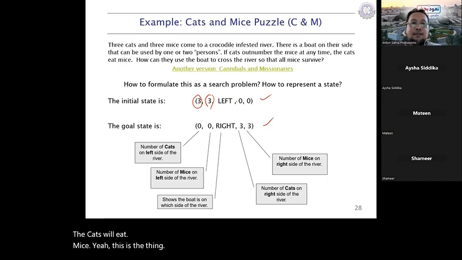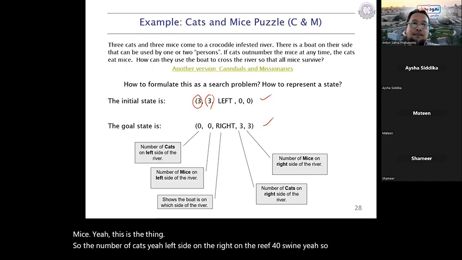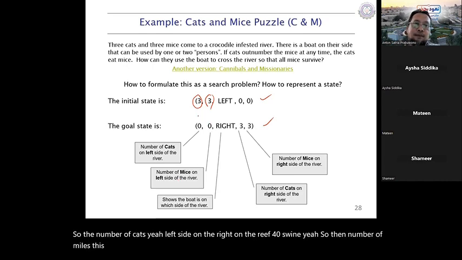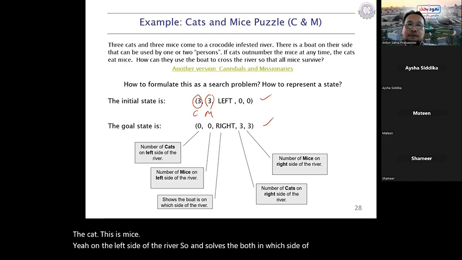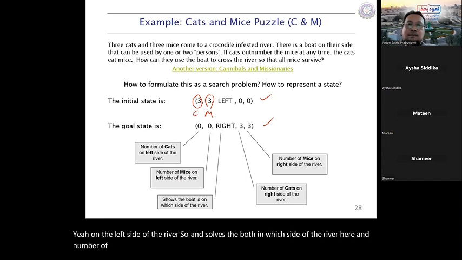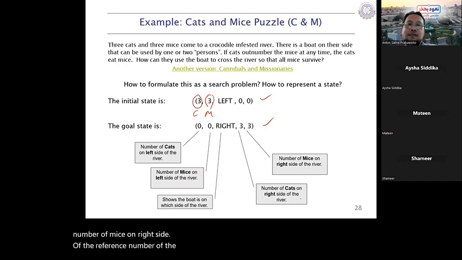So we track the number of cats and the number of mice on the left side of the river, which side of the river the boat is on, and the number of mice and the number of cats on the right side.